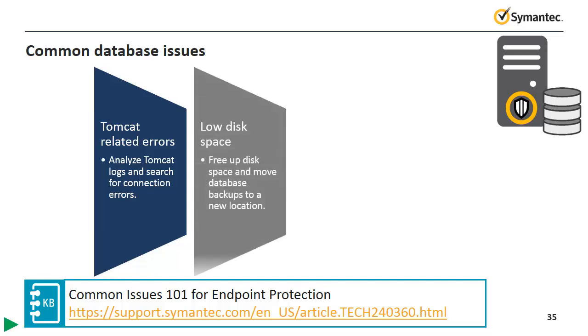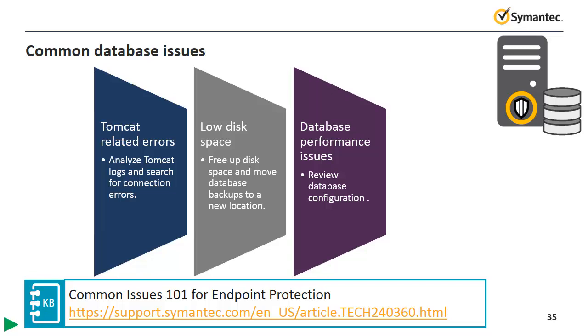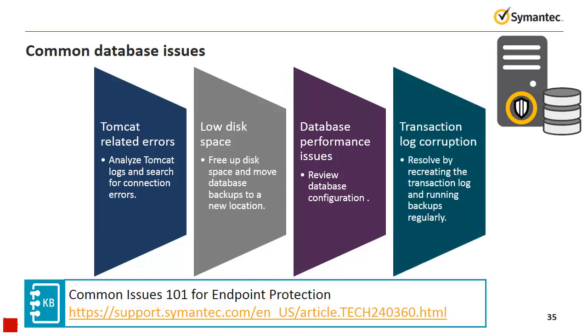For low disk space, free up disk space on the file system and move the database backups to a new location. For database performance issues, review the database configuration. You can also run SQL Server tracing and analyze logs. For transaction log corruption, resolve by recreating the transaction log and running backups more regularly. For more information on this topic, see the KB listed on the screen.